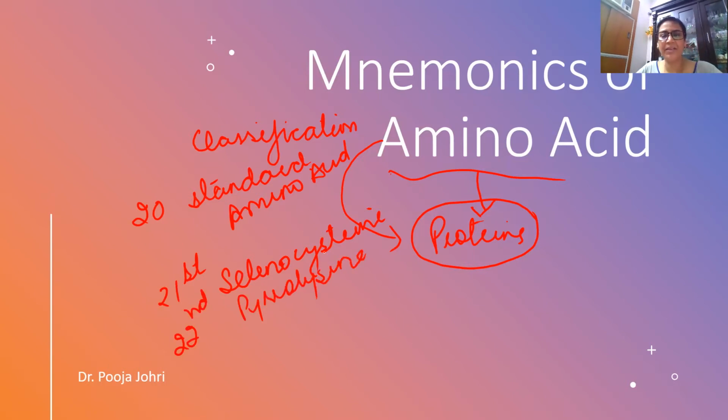They are written as separate ones because they are coded by nonsense codons, or the termination codons, they don't have a specific codon. So that is why they don't come under the 20 standard amino acids. So today in my current video, I will be discussing the mnemonics of the 20 standard amino acids because the 21st and 22nd are clear, selenocysteine and pyrrolysine.